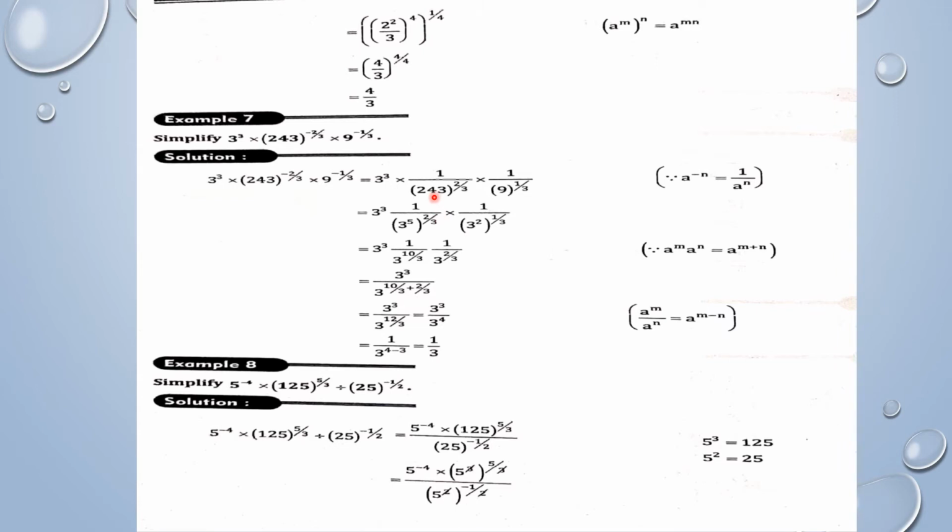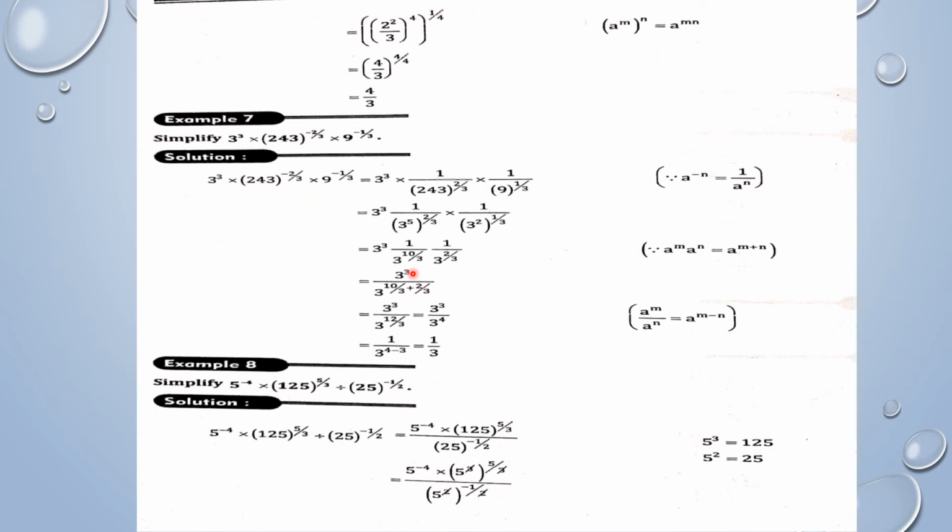So 243 can be written as 3 to the power 5 and 9 is written as 3 square. So 3 cube into 1 divided by 5 into 2 will become 10 divided by 3. So 3 to the power 10 by 3, and once again 2 ones are 2 divided by 3. So 3 to the power 2 by 3.